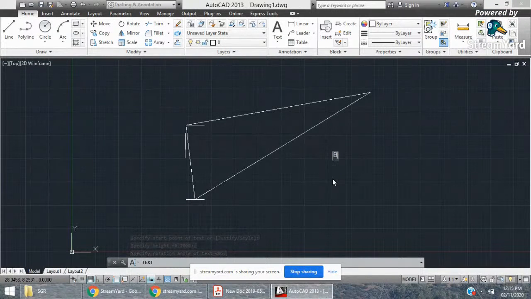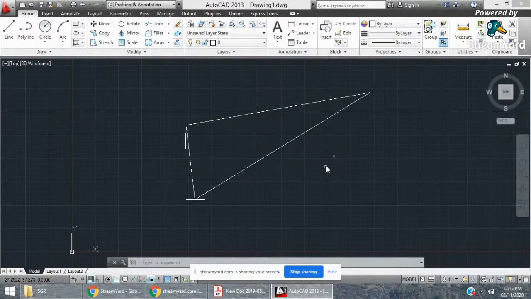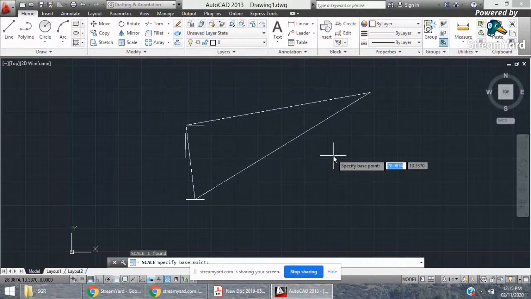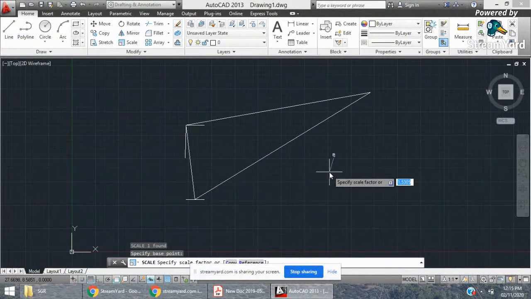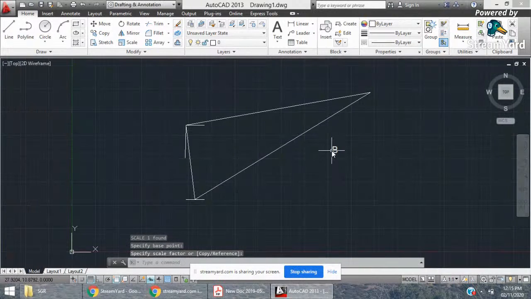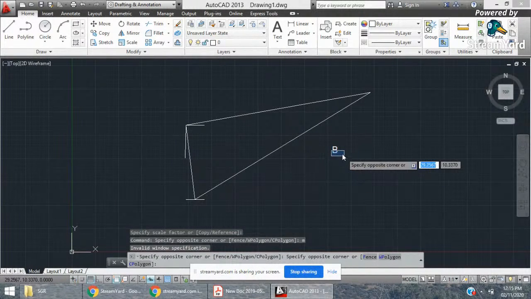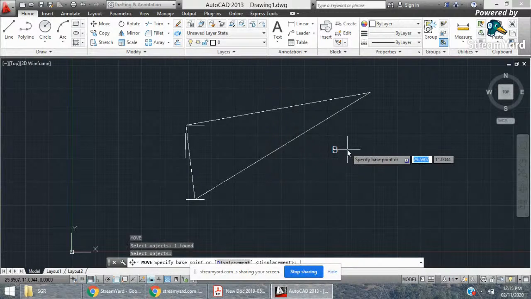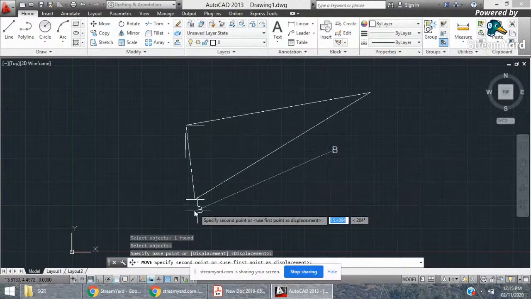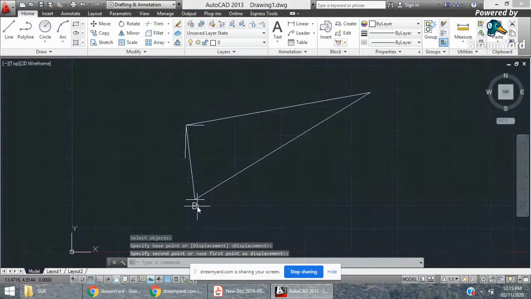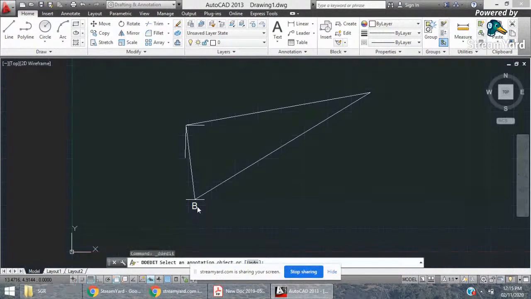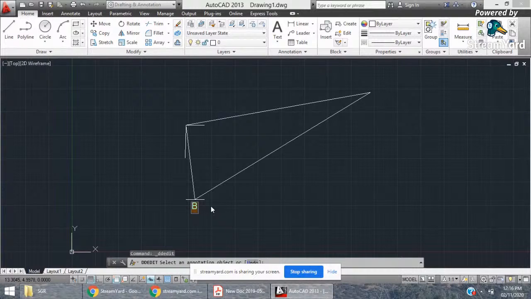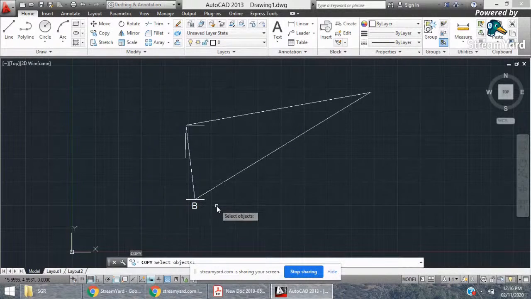Okay, so this is your B angle. Okay, so we'll just move this B point from here to here, and we can give CO, which means copy.